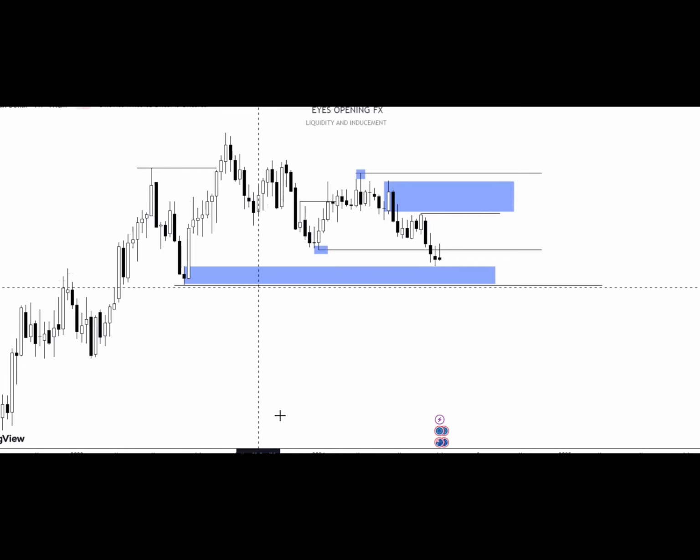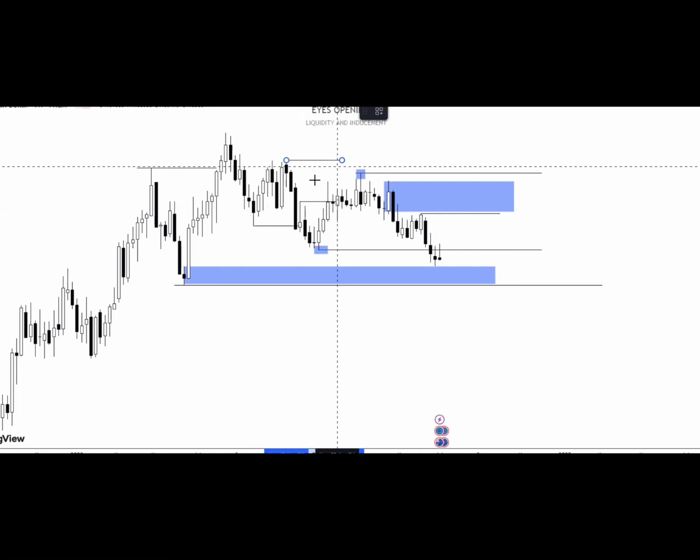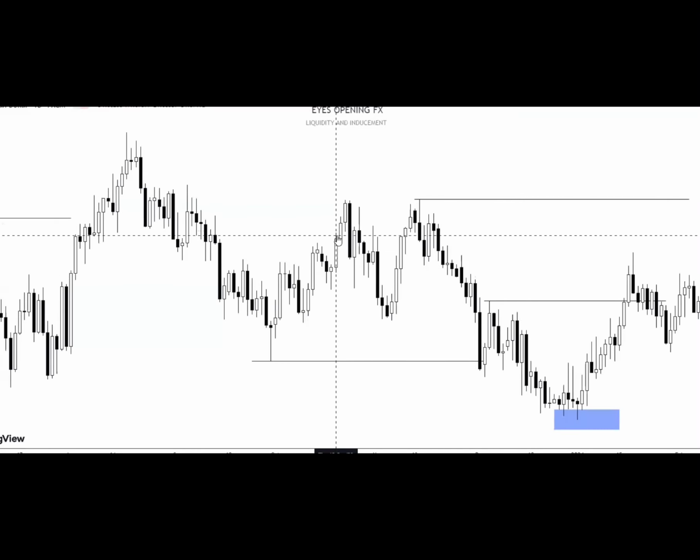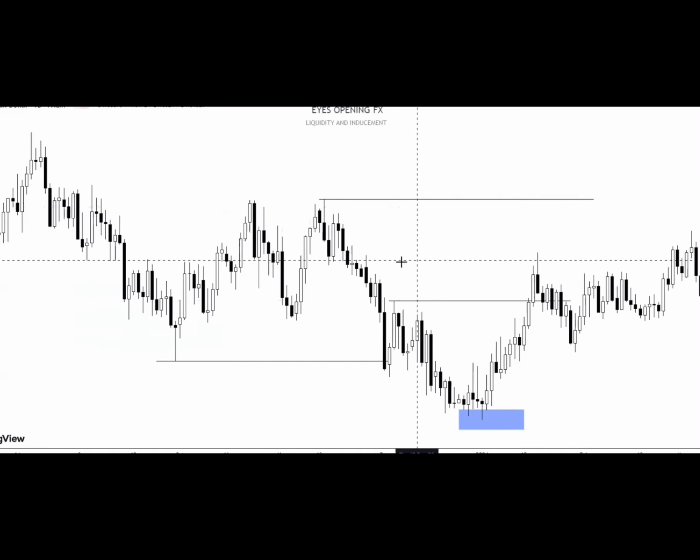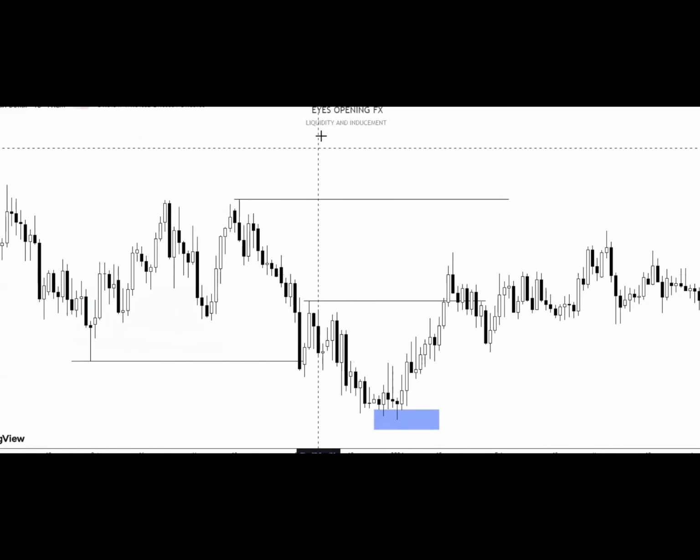Let's say, for example, when the market was around here, after this break of structure right here, and this high. So on this daily time frame, we can see what the market is doing here, which is bearish order flow.